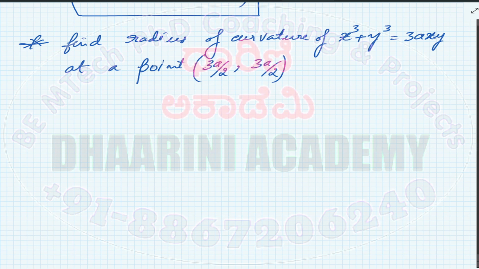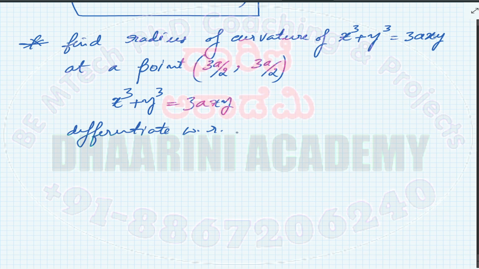So we need to start differentiating this given curve. Let's write the curve once. The given curve is x cubed plus y cubed is equal to 3axy. The given function is not in the y is equal to f of x form, so I cannot directly get the answer, but definitely I can do this. So we differentiate with respect to x.